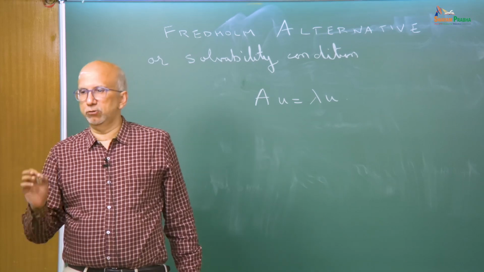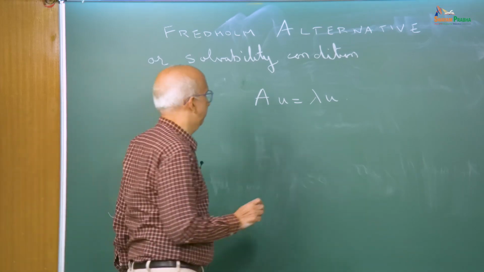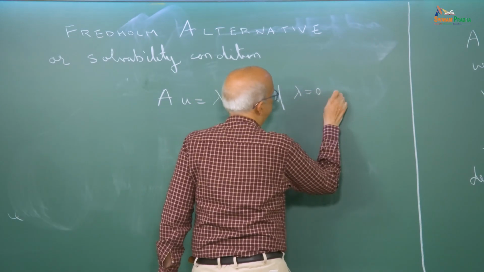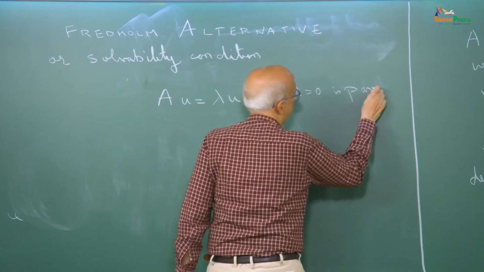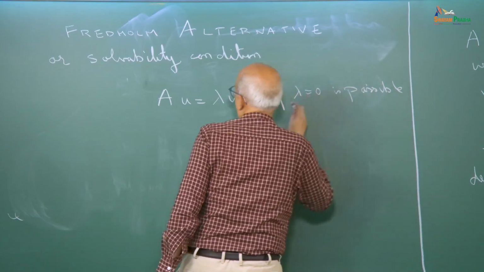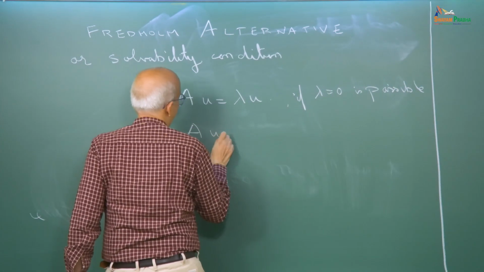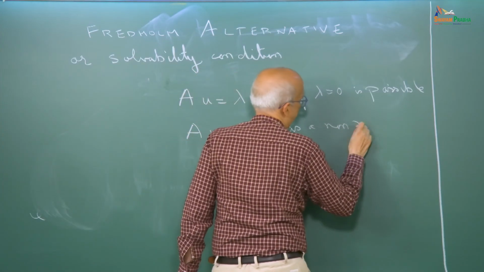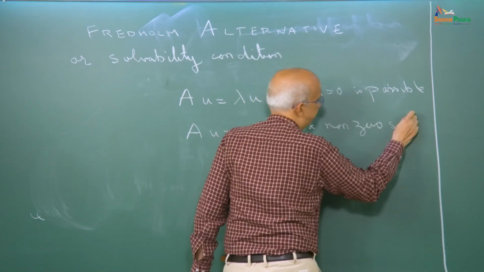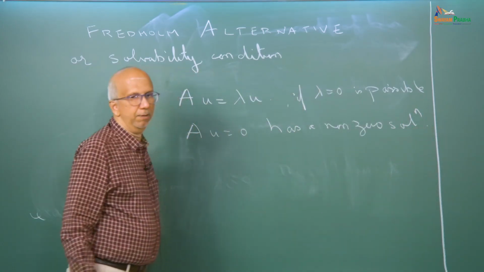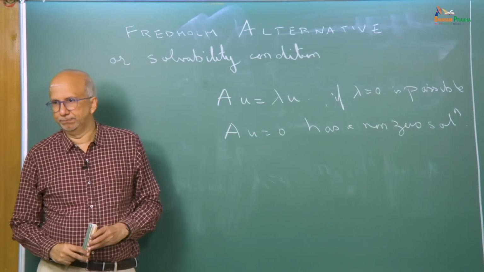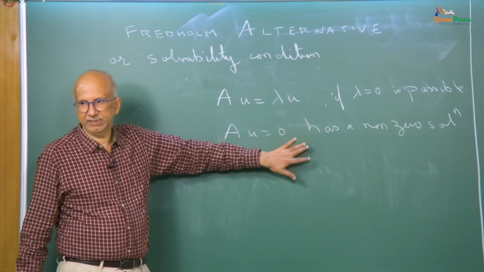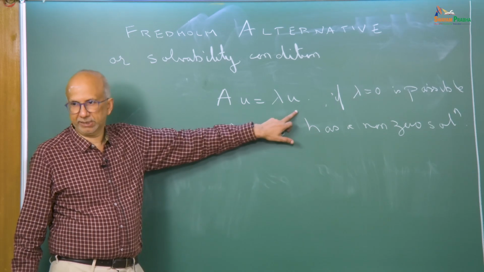If lambda equal to 0 is possible, I have Au equal to 0 has a non-zero solution, because lambda is an eigenvalue, okay, and I put 0, I get 0 on the right hand side, and u is the corresponding eigenvector.